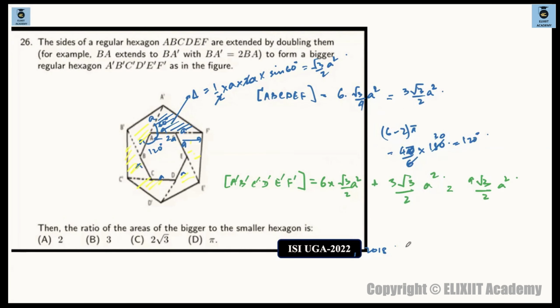So what will the ratio be? The ratio will be 9 root 3 by 2 A square divided by 3 root 3 by 2 A square. A square will cancel out, 2 and 2 will cancel out, root 3 will cancel out. You will be having 9 by 3, which is 3 only. What did you understand? Option B is correct.